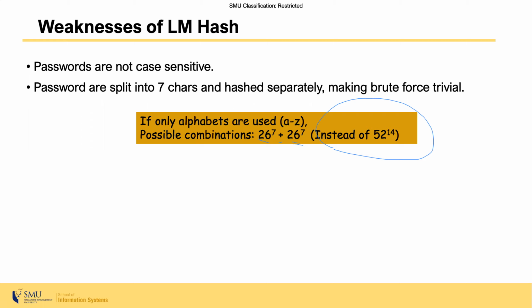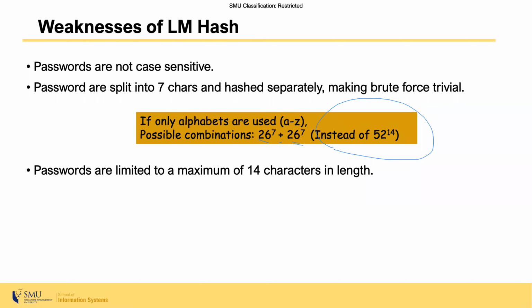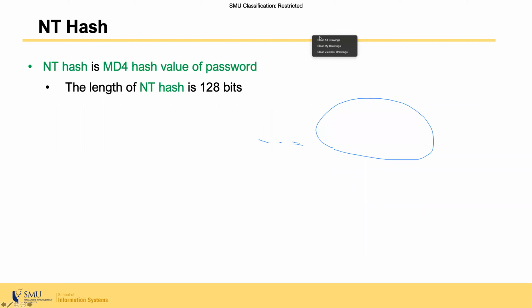But since LM hash splits your password into 7 bytes each, the possible number of combinations is only this. So this makes brute forcing trivial. Overall, your passwords are in fact limited to a maximum of 14 characters in length, and that is considered weak. So in the new versions of Windows, it introduced the NT hash scheme, which is considered more secure.